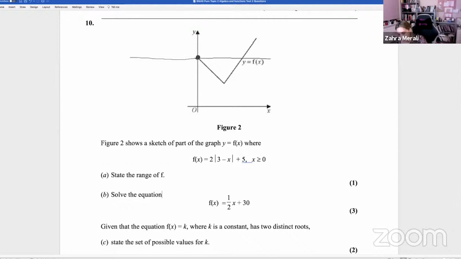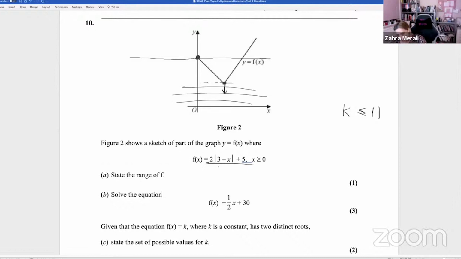So if we plug x equals 0 into our equation, we get 3 minus 0 is 0, that's positive, times 2 is 6, plus 5 is 11. So we know that k has to be less than or equal to 11. We also know that if it goes below or on this minimum point, it doesn't cross anywhere.